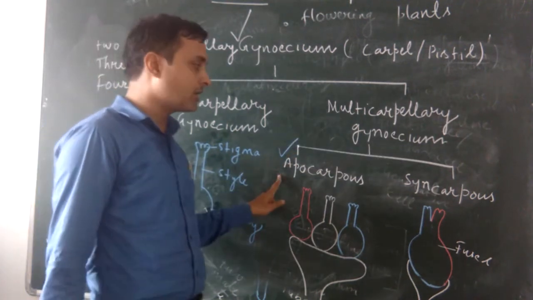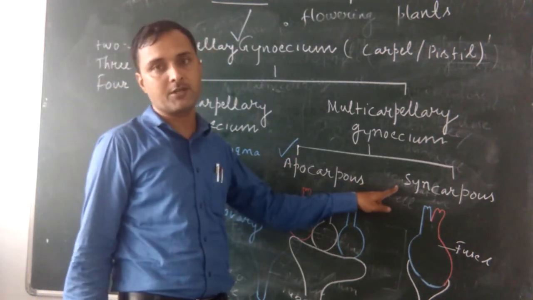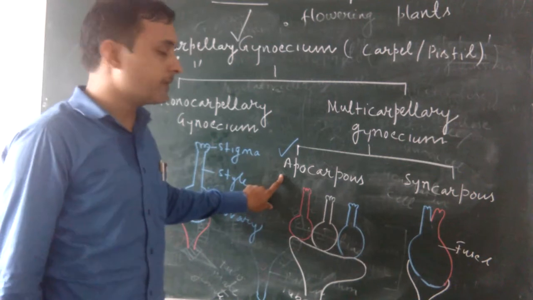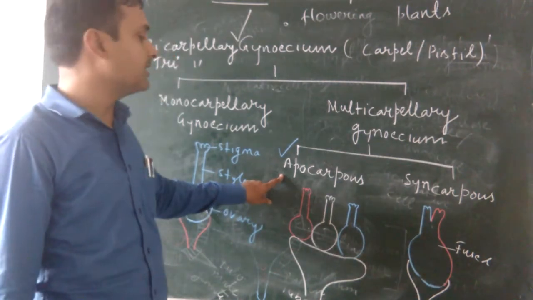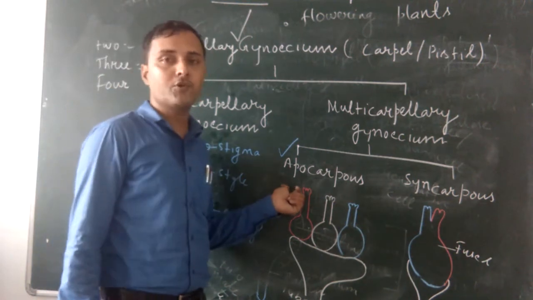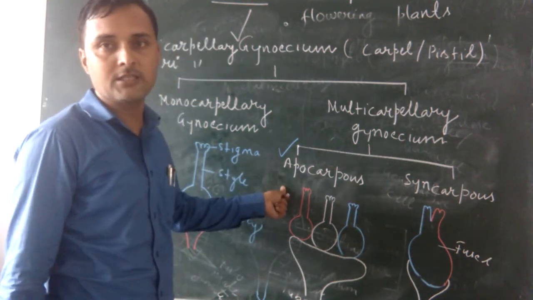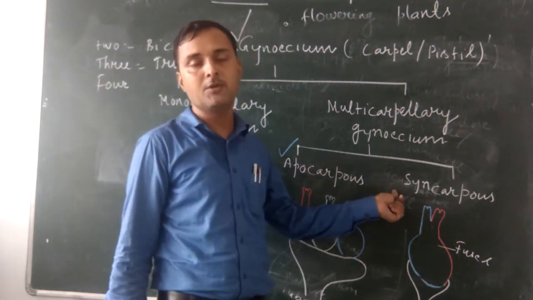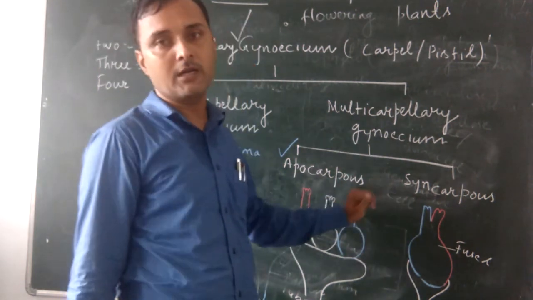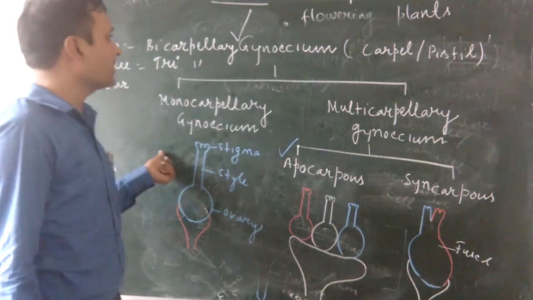First one is apocarpous, second one is syncarpous. When all the carpels in the gynoecium are free from each other, not fused, such a gynoecium is known as apocarpous. Apocarpous is found in Michelia plant, it is given in the NCERT book, and syncarpous is found in Papaver somniferum, normally known as opium plant. So this is all about types of gynoecium.